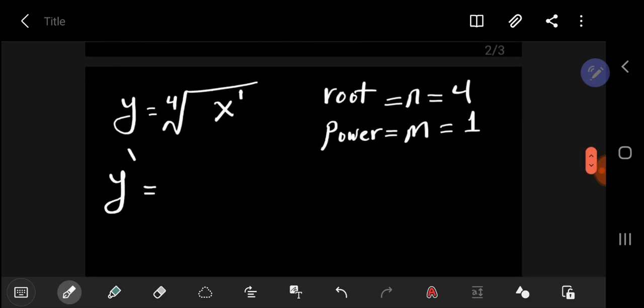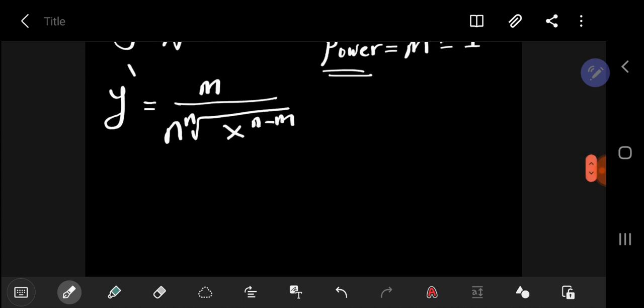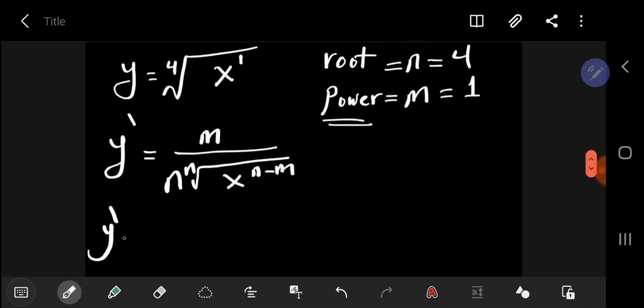So I will put the power in the numerator over the root multiplied by the same root, x to the power n minus m.